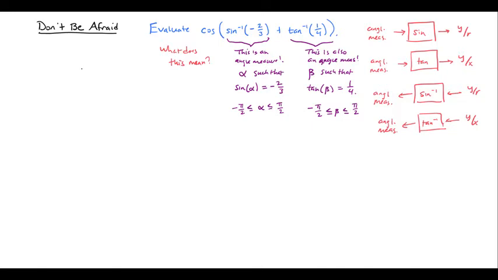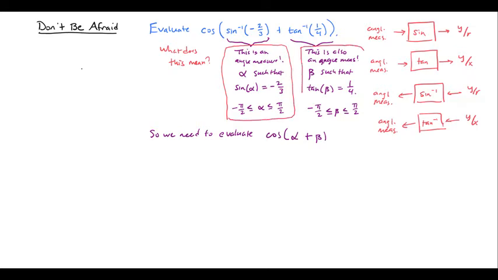Anyway, so what this is asking us to do is to evaluate the cosine of alpha plus beta, where alpha and beta are these angles here, described in these little boxes. All right, so this is starting to look like the same type of problem that we worked on in the previous video, the one entitled Adding the Unknown.